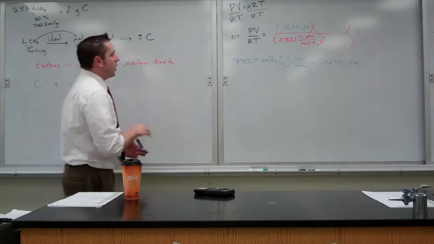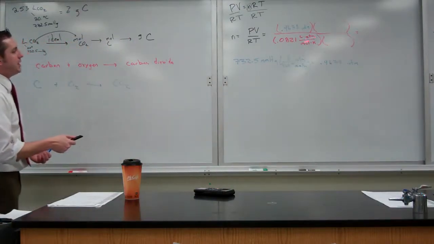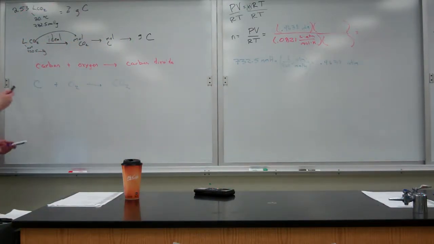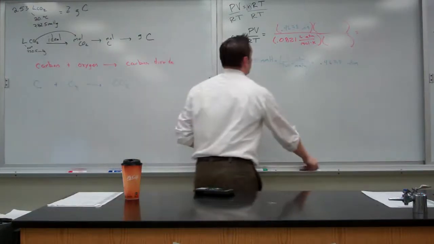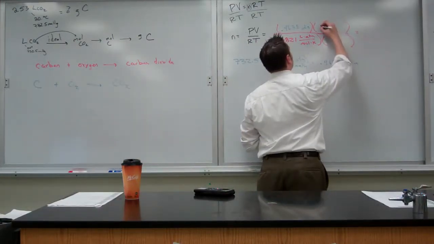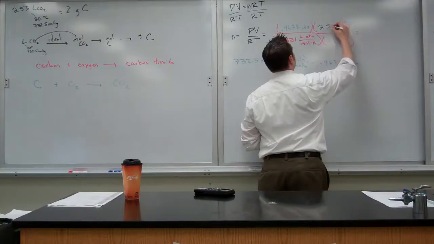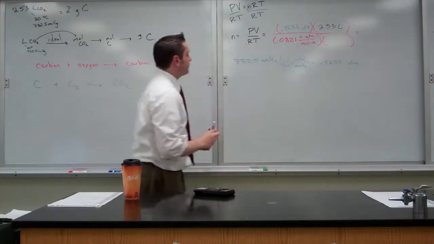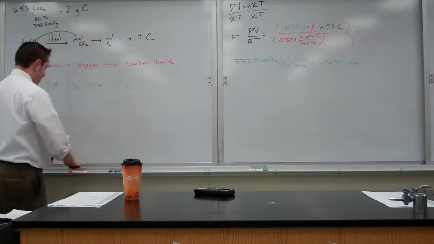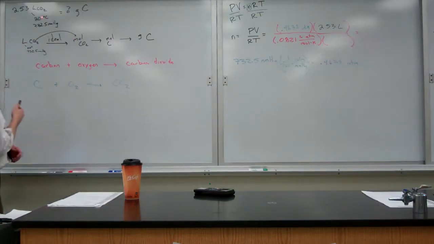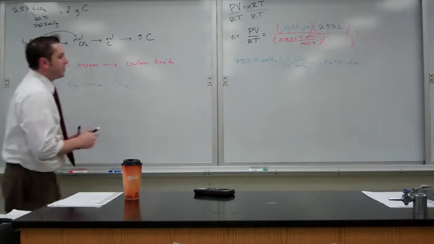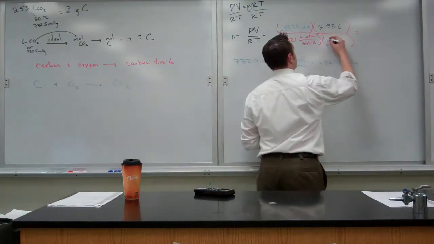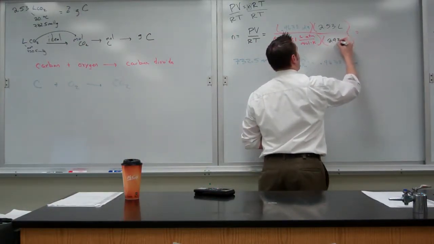My volume, according to our unit, has to be in liters. Sure enough, the 2.53 is in liters, so we can plug that in. Last but not least, temp has to be in Kelvin. It is not in Kelvin, so we add 273 to that, which will take this to 293.